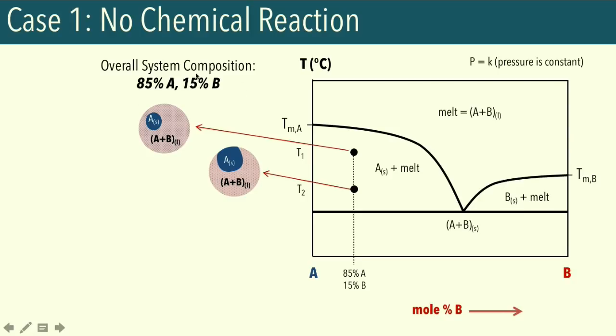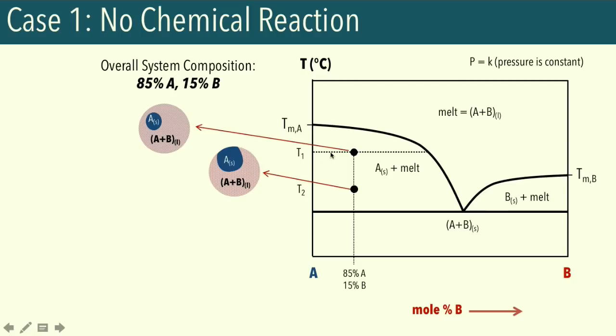We can determine the composition of the melt by drawing so-called tie lines. These are horizontal lines originating from the composition and temperature of interest that intersect the phase boundaries. In this case, we are intersecting the solid A boundary and the melting curve. The intersections of the tie lines tell us what phases are present again.